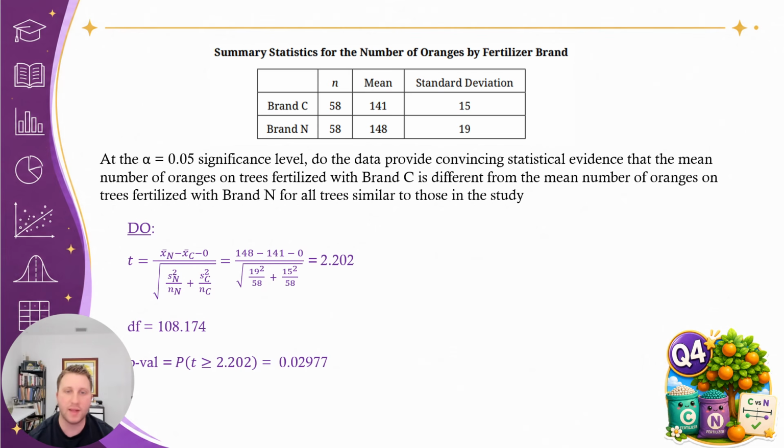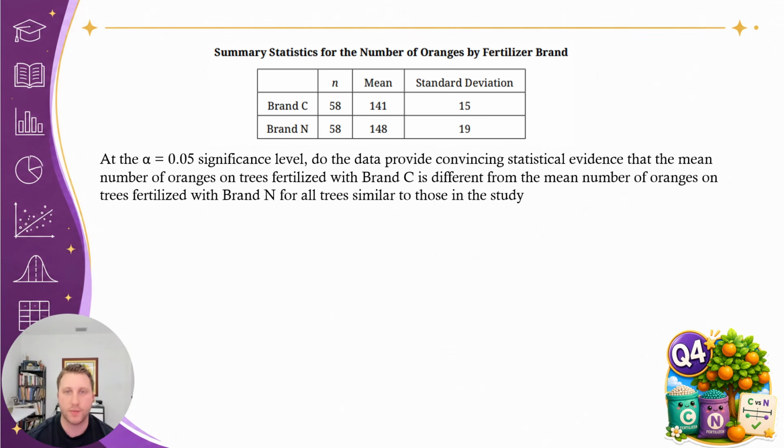Please keep in mind, if you went with degrees of freedom of 57, which is the lower of the 2 sample sizes, in our case they were the same, you could have gone with 57 degrees of freedom, would have led to a slightly different p-value, but both would have been acceptable by College Board.